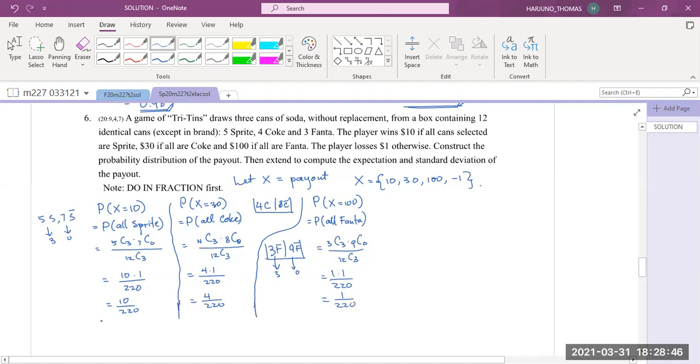If you add this, then you will get the probability of winning something, which is 15 out of 220. Now, what about the probability of losing $1? That's the probability of otherwise. That's 1 minus the probability of winning something.